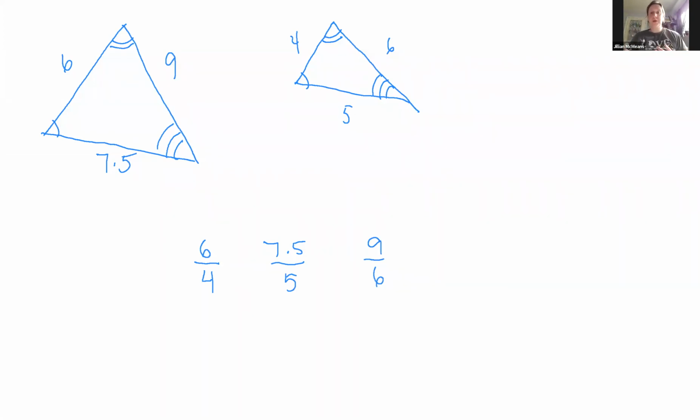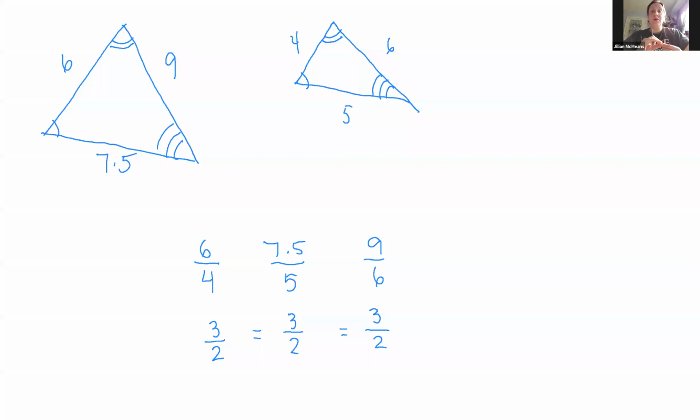But what we also need to look at is the ratios, okay? So we have the ratio of the bigger triangle to the smaller triangle, looking at the corresponding sides, and let's simplify each of these. You can either simplify the fraction, leave it in fraction form, or write them as a decimal. But when I do this, the first ratio simplifies to 3/2, the second ratio simplifies to 3/2, and the third ratio simplifies to 3/2.